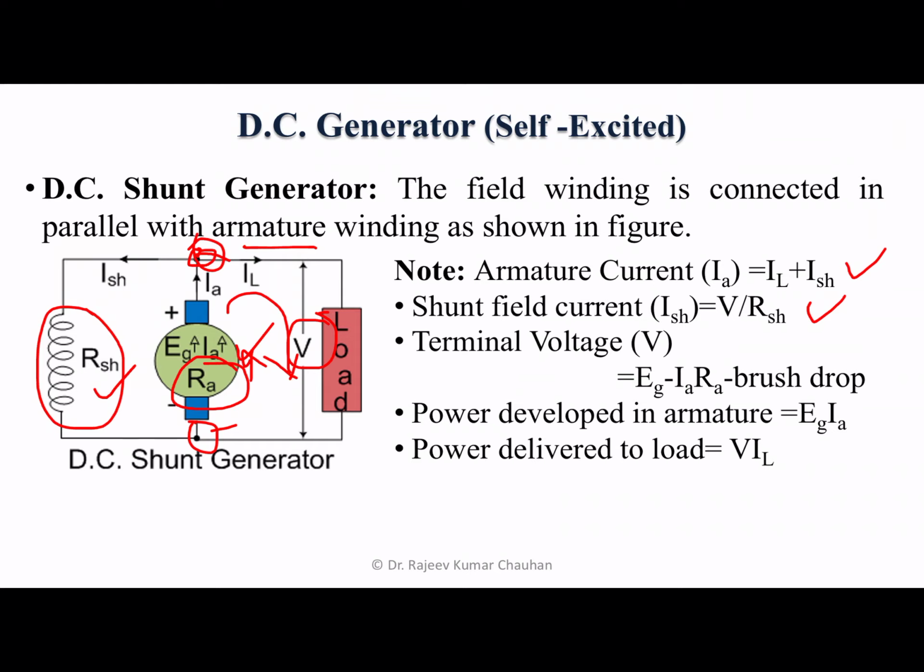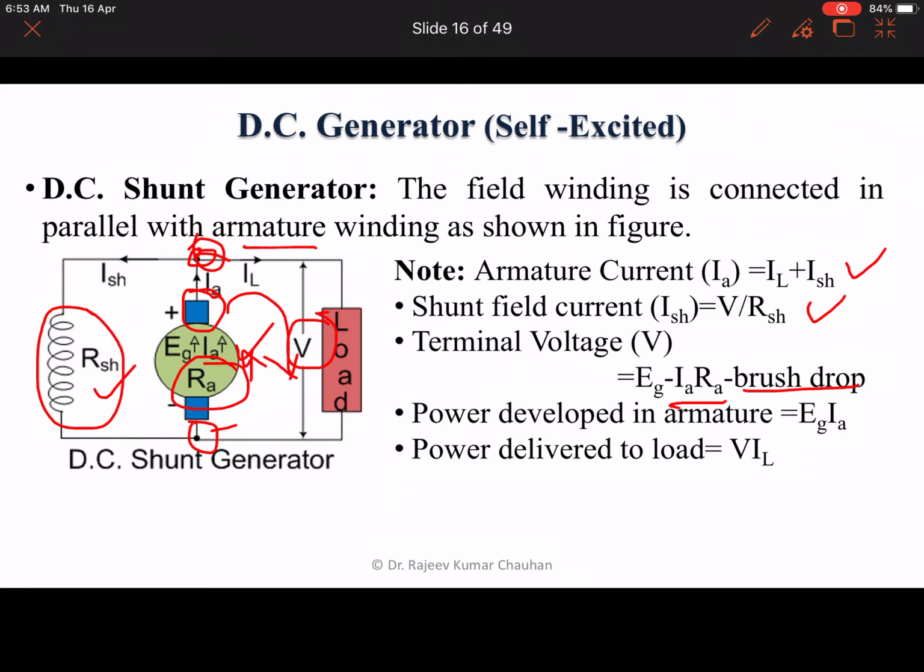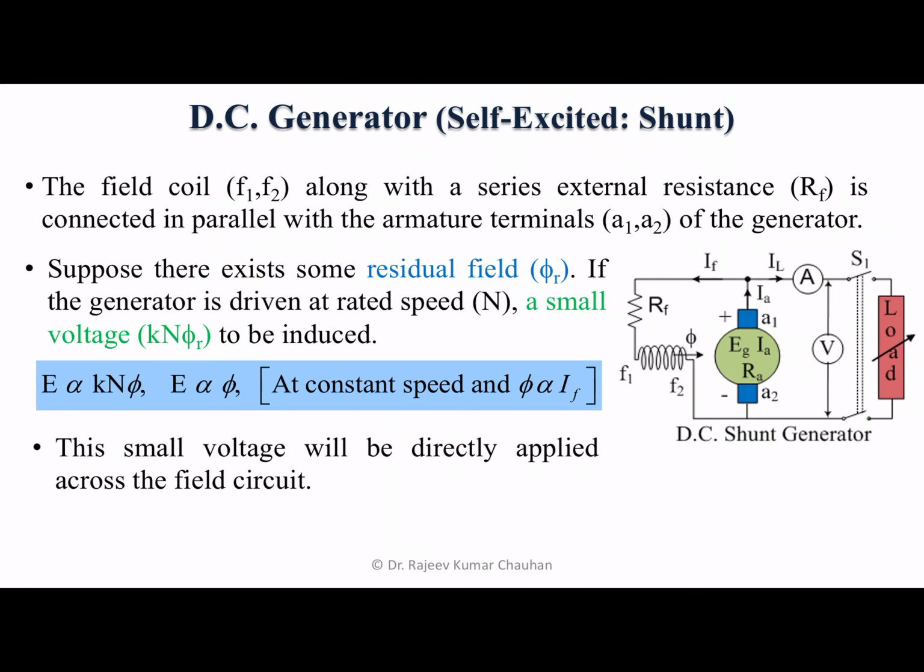If we subtract the voltage drop in the armature and the voltage drop in the brushes from the induced EMF, we will get the terminal voltage. Okay. Power developed in the armature is equal to Eg Ia. Power delivered to load is equal to V into IL.